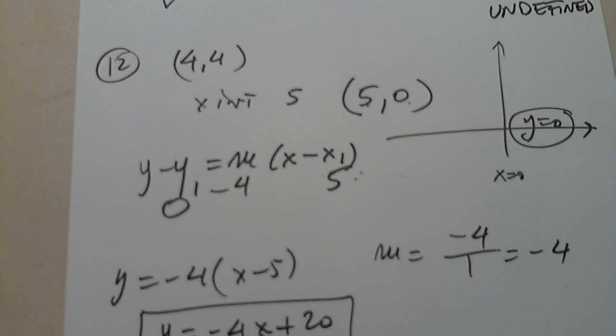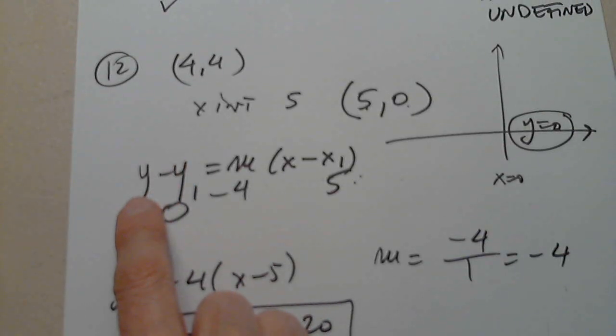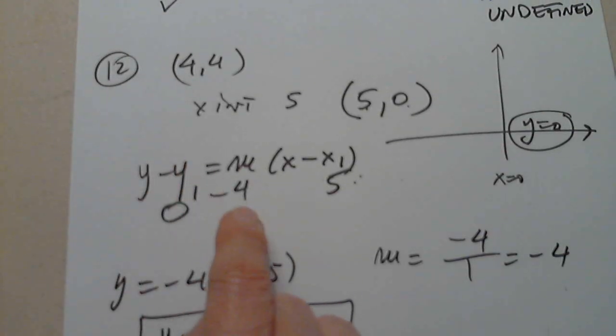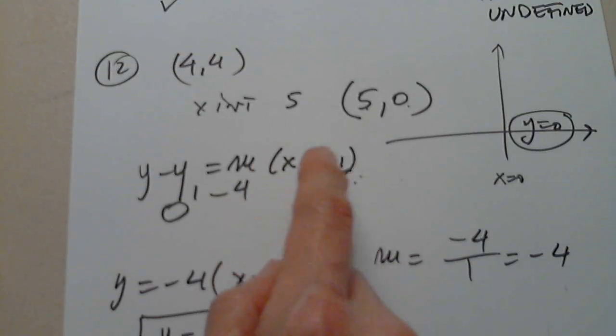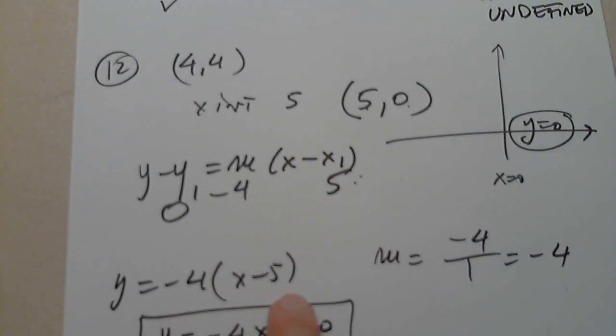So write an equation for the line in point-slope form. So first we have to write this: y equals negative 4 parentheses x minus 5. And then they want us to solve for y, but it's the same thing. Write an equation of the line in slope-intercept form, which is the same, because y1 was 0.